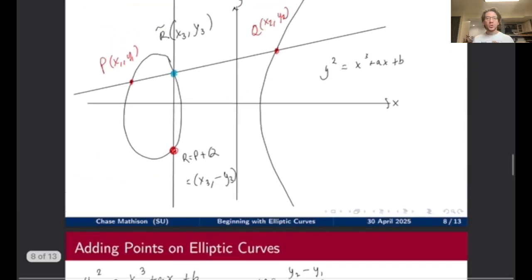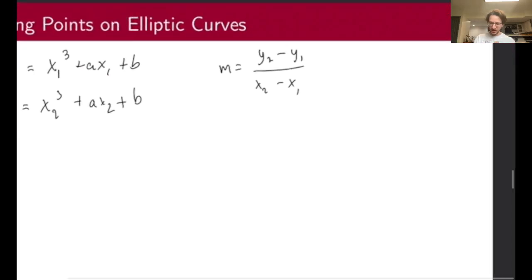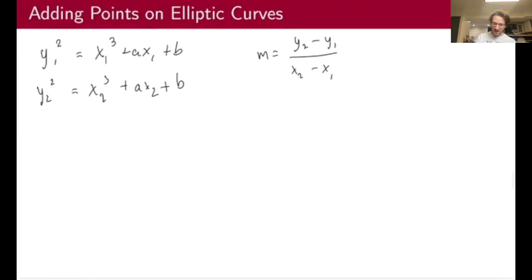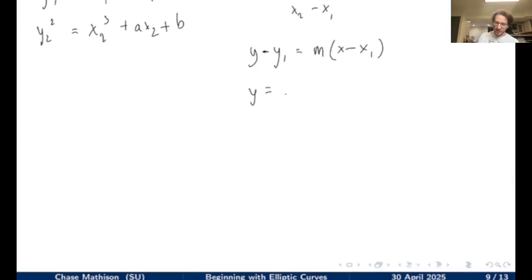Okay, and so the equation of the line through those 2 points, there's a couple of different ways that you can write it, but I'm just going to base things around P arbitrarily: y minus y1 equals m times x minus x1. Or in other words, y equals y1 plus m times x minus x1.